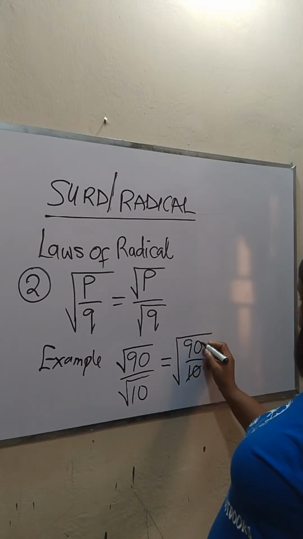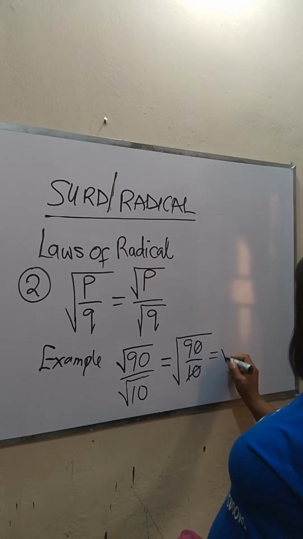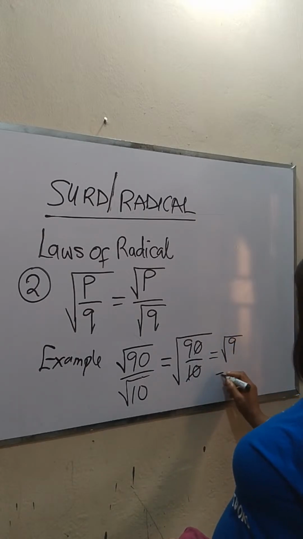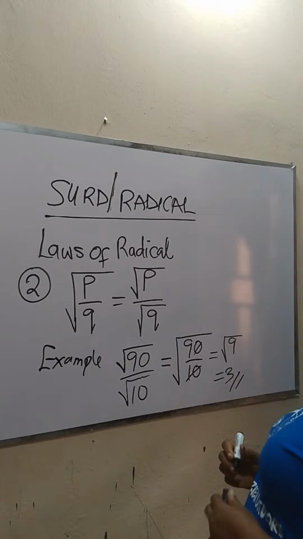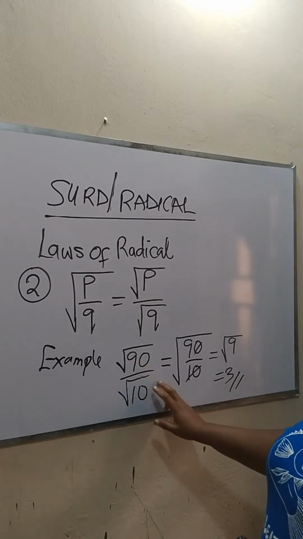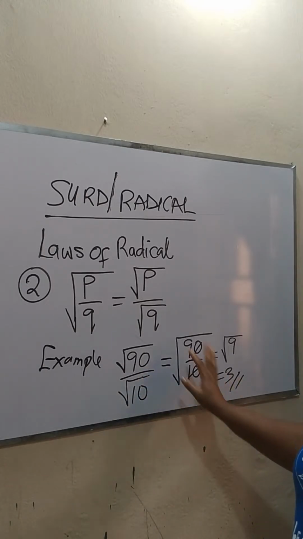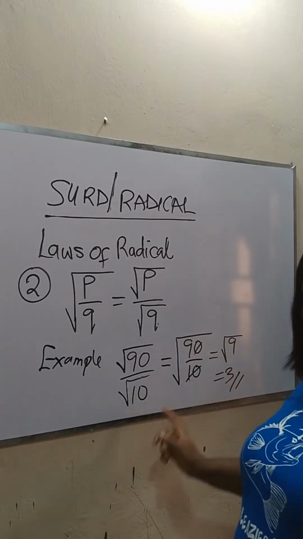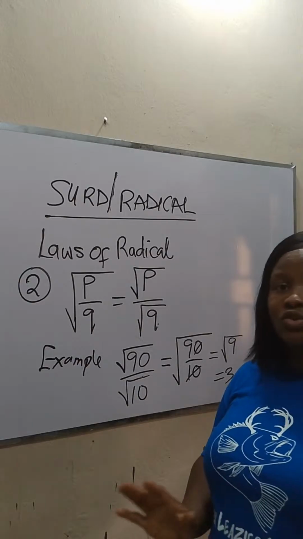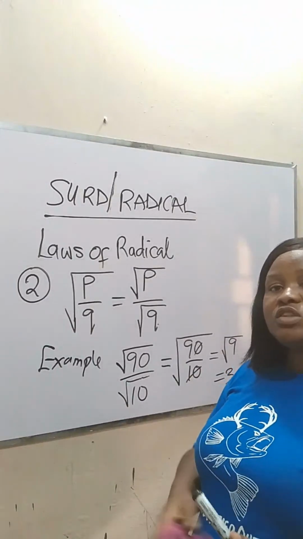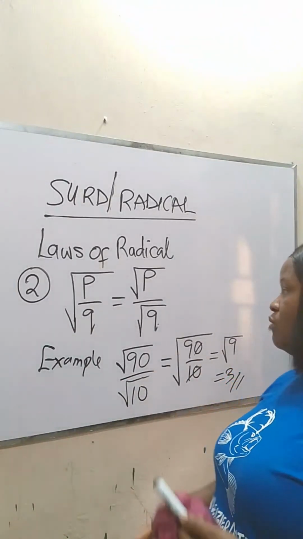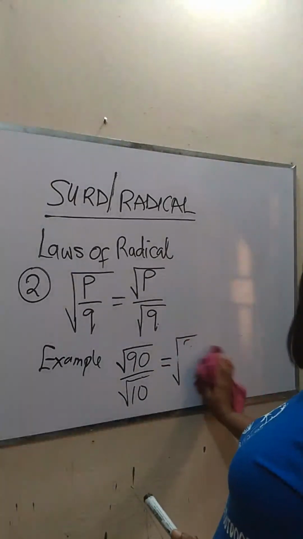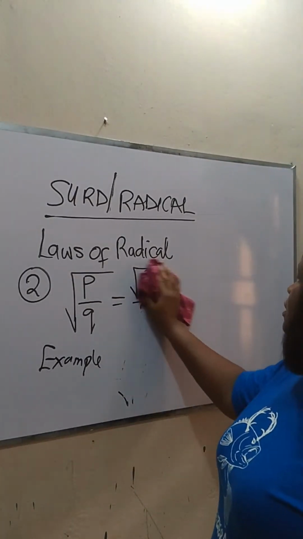So this will divide here, and we have 9, and the answer is 3. So this is correct. Based on the law of radicals, you can do this and get the answer we are having there. I'm trying to explain it so you understand it perfectly, where we are coming from and where we are heading to. So that is the second law of radicals.